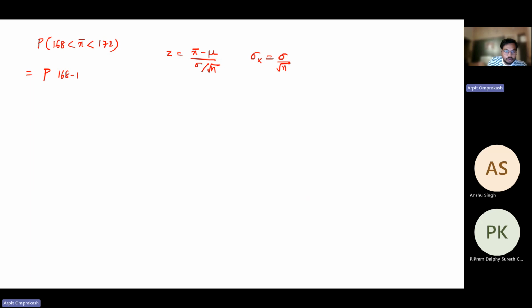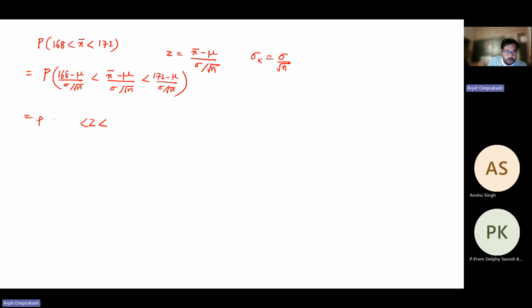So applying that here, what we get is 168 minus mu by sigma by root n less than x bar minus mu by sigma by root n less than 172 minus mu by sigma by root n. So this middle term is nothing but z.